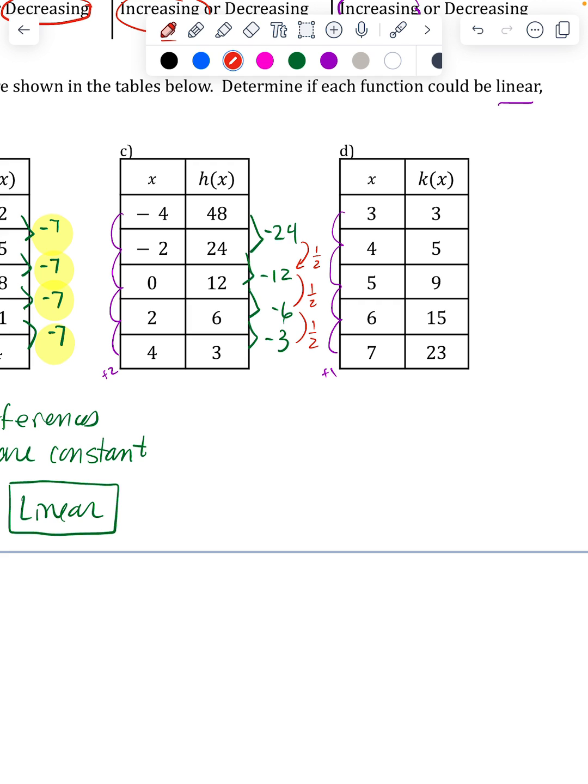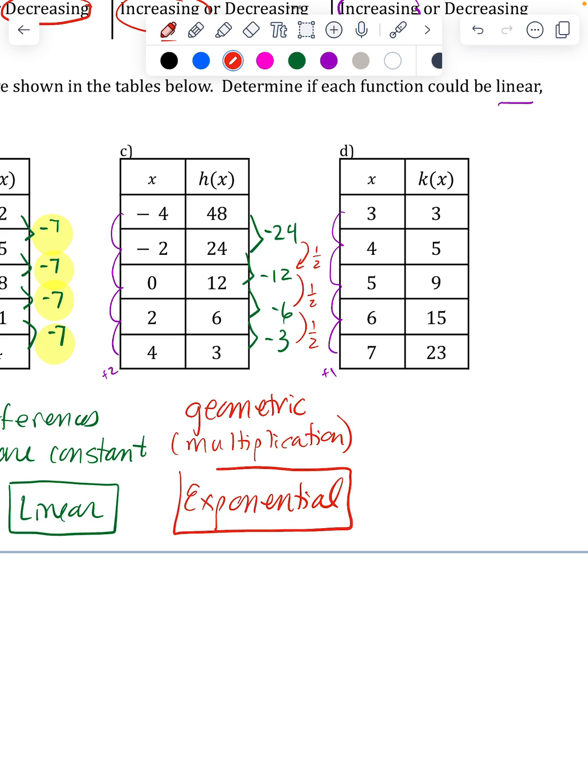So I actually have a geometric pattern there, and that geometric pattern is a multiplication pattern again. Because of that, that's going to be an exponential type of function.